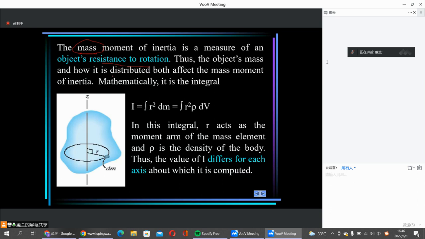the definition, how to calculate it. If we know the object's mass and we know how it is distributed, then we can calculate it mathematically.